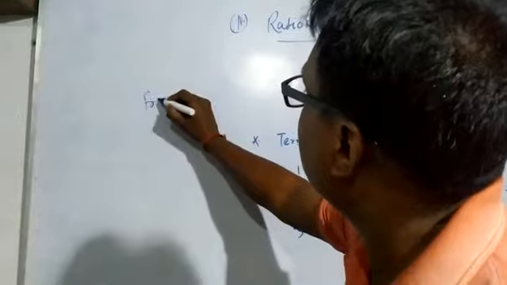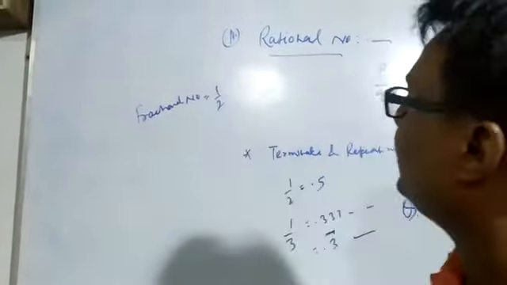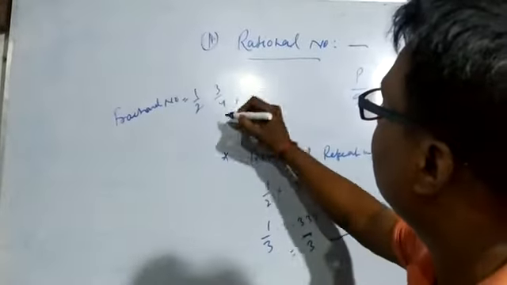Fraction numbers are like 1 by 2, 3 by 4.